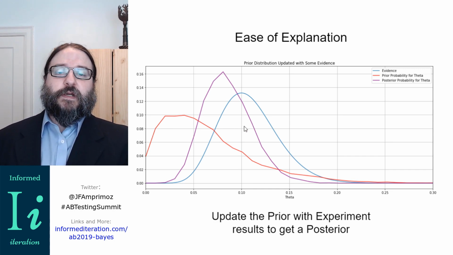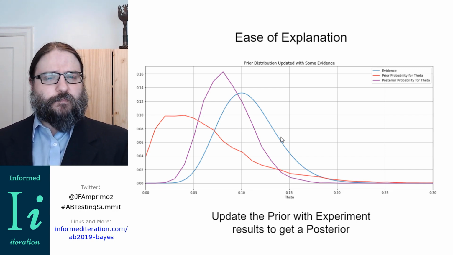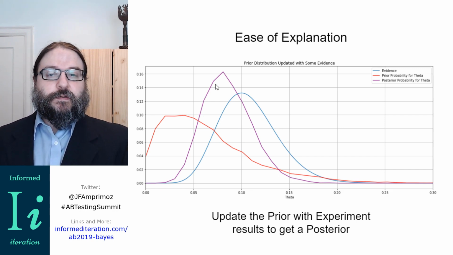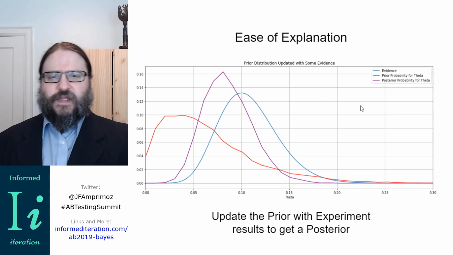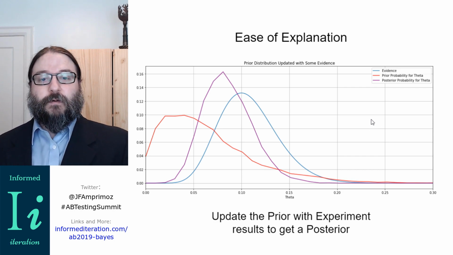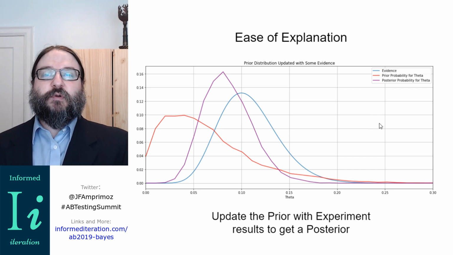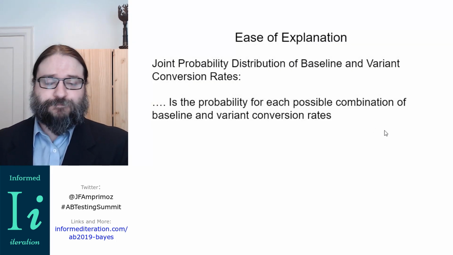What's important is that the red prior comes together with the blue experiment result to kind of come up with something in between. And this isn't mathematically sound, but you can kind of conceptualize it as a red prior and the blue experiment result. You kind of average them together to get that purple posterior.